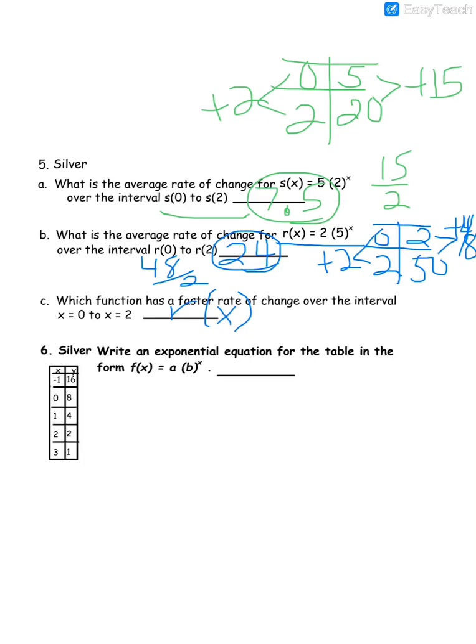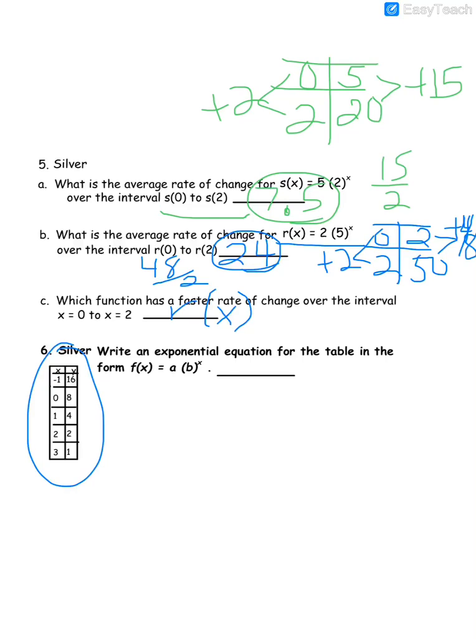Hopefully you are. Write the exponential equation for the table in f of x equals a times b to the x form. So here's my lovely table. I'm going to go into my stat button, into 1, into my L1 and L2. I'm going to clear out what's there and plug in these points.